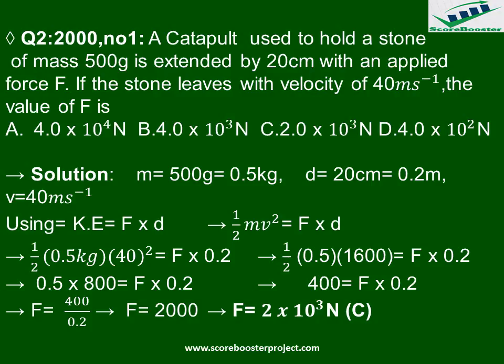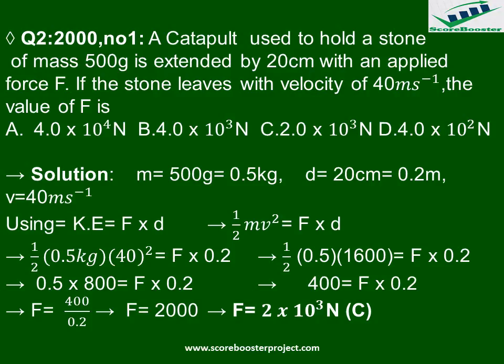Now, if we follow the law of conservation of energy, then the kinetic energy here can be equal to the work done. Kinetic energy KE will be half mv square, and that will be equal to work done, which is force times distance. Therefore, we can say half mv square equals force times distance.